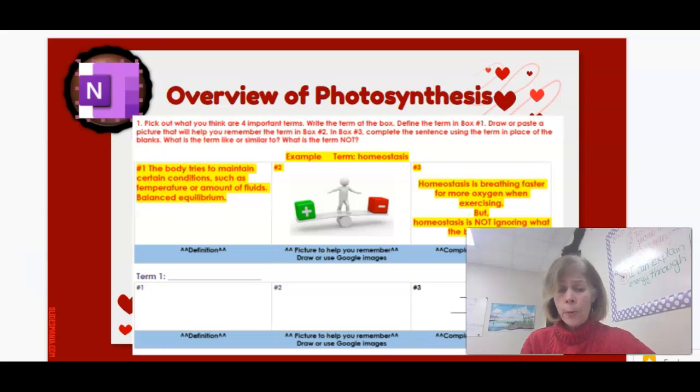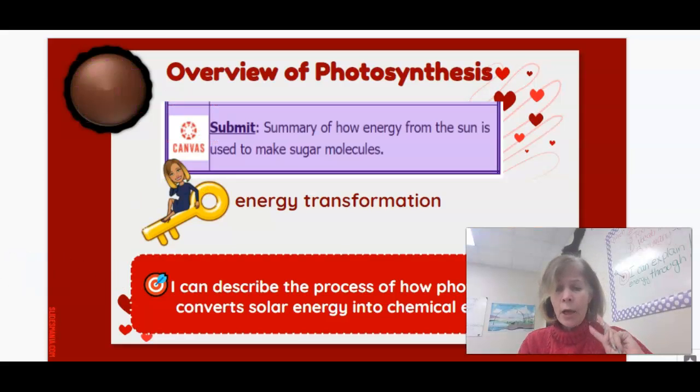Now, even though it is a 2-day assignment, I still want you to reflect in Canvas about the part you did today. So today in Canvas, you are going to submit a 1 to 2 sentence summary of how the energy from the sun is used to make sugar molecules, okay?